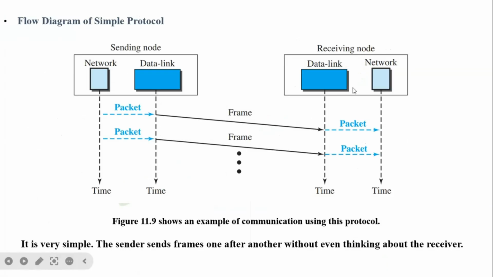If I want to explain the same thing with a flow diagram, again the sending node has the network layer and the data link layer, and similarly the receiving node. When the network layer has a packet to send, it is given to the data link layer. Here, framing and encapsulation happen, and it is sent. The same thing here: decapsulation and unframing happen, and the packet is delivered to the network layer.